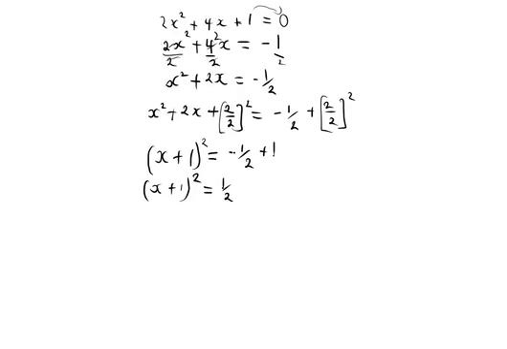So to get rid of the square, we find the square root of both sides. Again, note that the square root can be either positive or negative. So plus or negative.